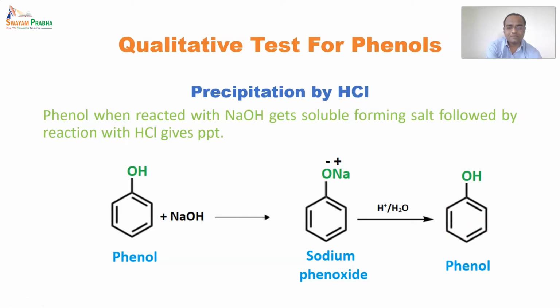This is because phenol is not as soluble as the salt in water, and the salt does not allow phenol to dissolve, so it separates from the water and gives a precipitate.